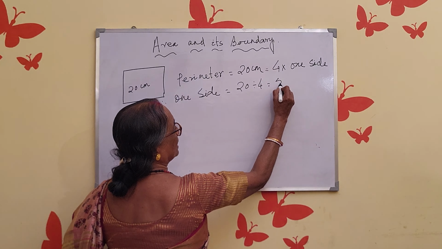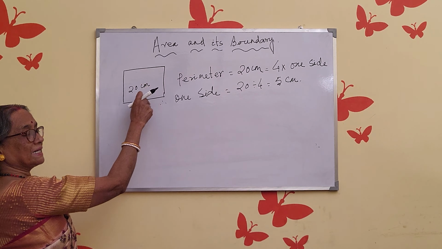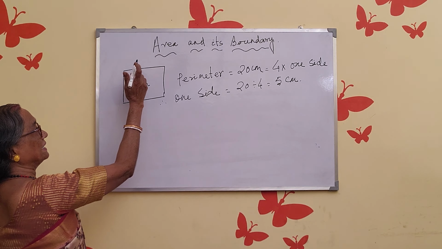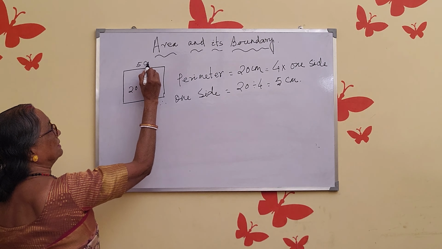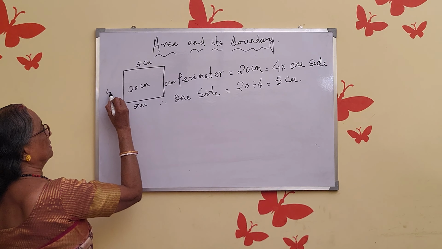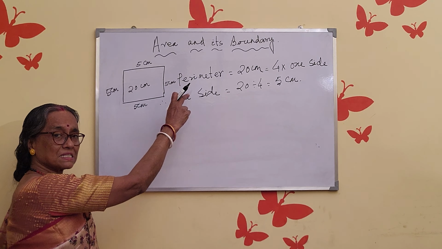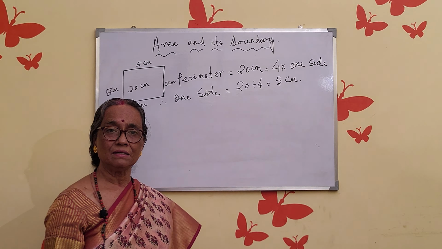That is 5 centimeter. Okay, therefore each side of this square garden is 5 centimeter. Clear? Here perimeter is given, you have to find out the side.